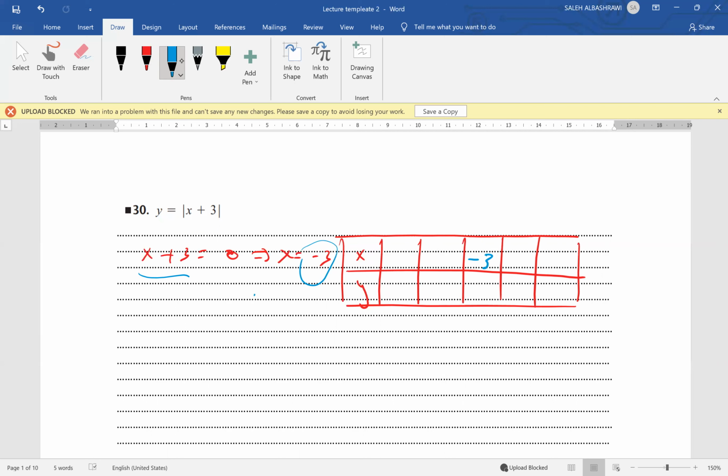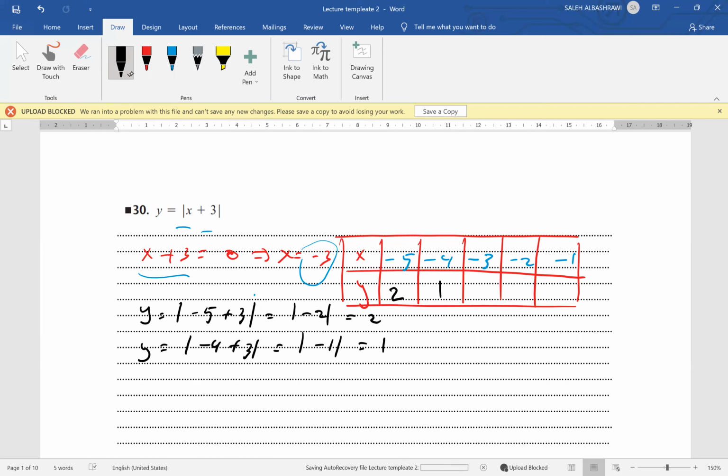That will be minus 1, absolute value equal to 1. Next one, if x equal to minus 3, it will be 0. If it is minus 2, replace x by minus 2. I will have minus 2 plus 3. That will be absolute value of 1, which is equal to 1.